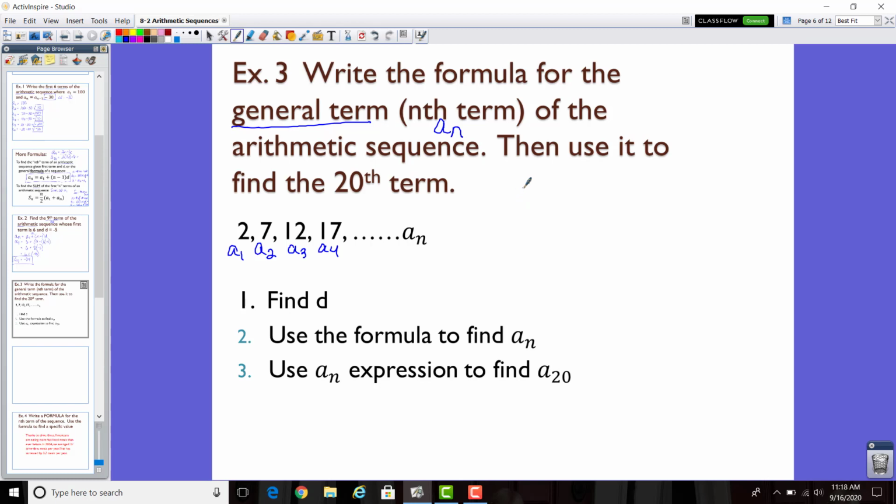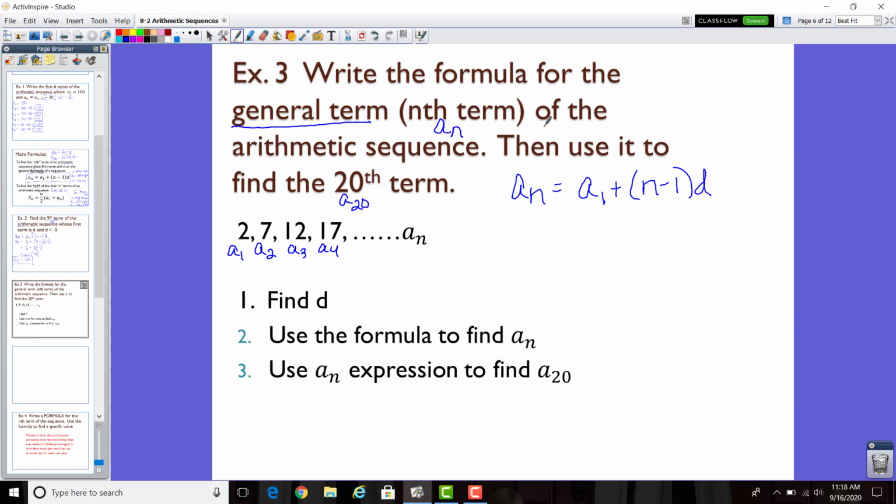I'm looking for what is a sub n? What expression did I plug the number 1 into to get a sub 1 equals 2, a sub 2 equals 7, and so on and so forth? Then use that to find the 20th term. So eventually I'm going to use this expression to find a sub 20. If I'm looking for a sub n, and I know it's an arithmetic sequence, then I know I'm using this formula.